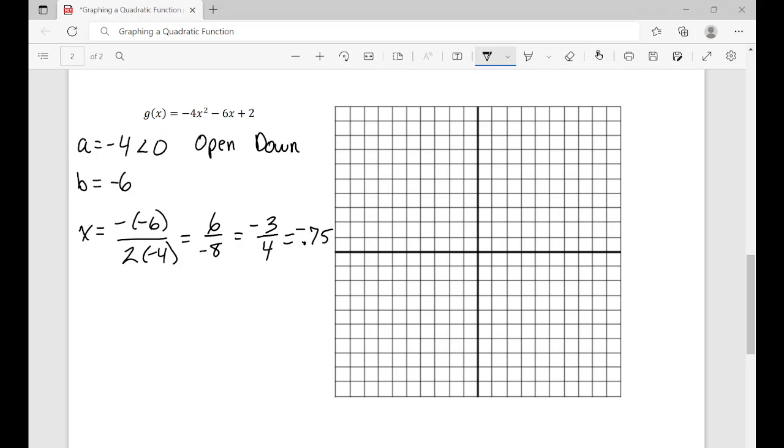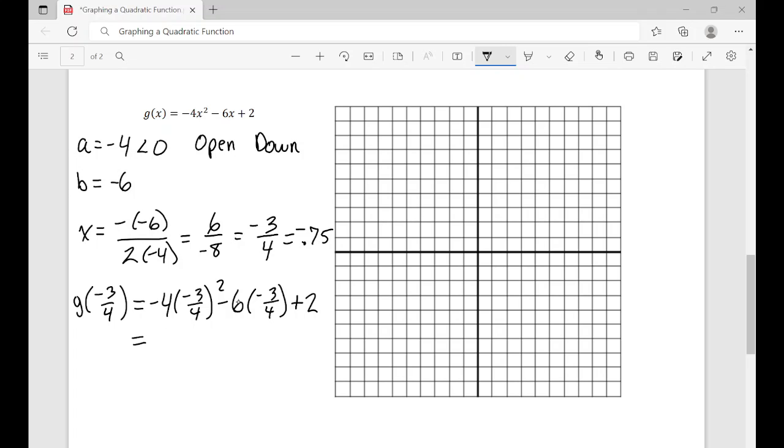In any case, we're going to now plug this back into our function. And so I'm going to stick with a fraction. So g of negative 3/4 is equal to negative 4 times negative 3/4 squared minus 6 times negative 3/4 plus 2.